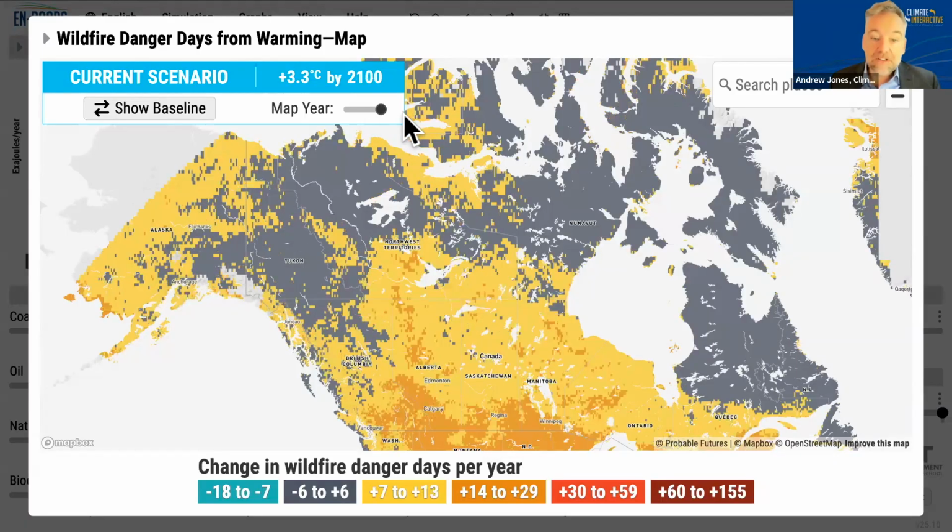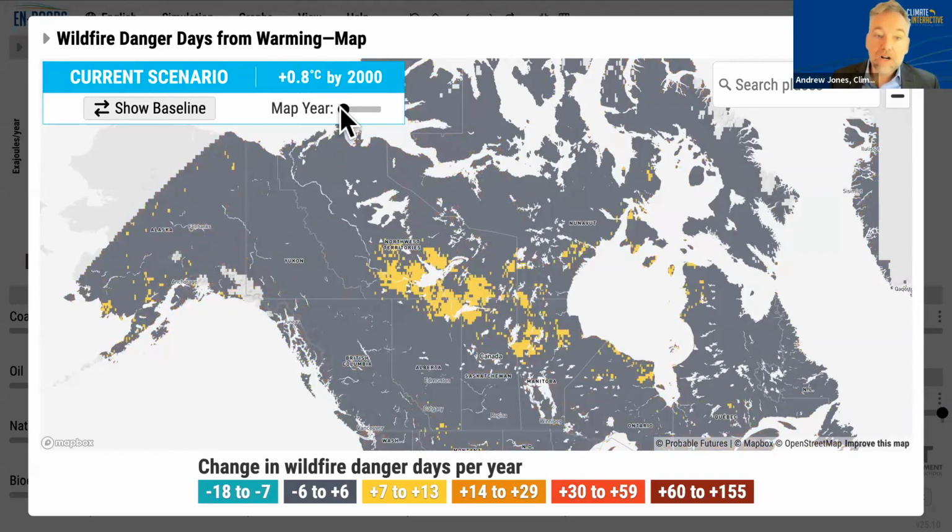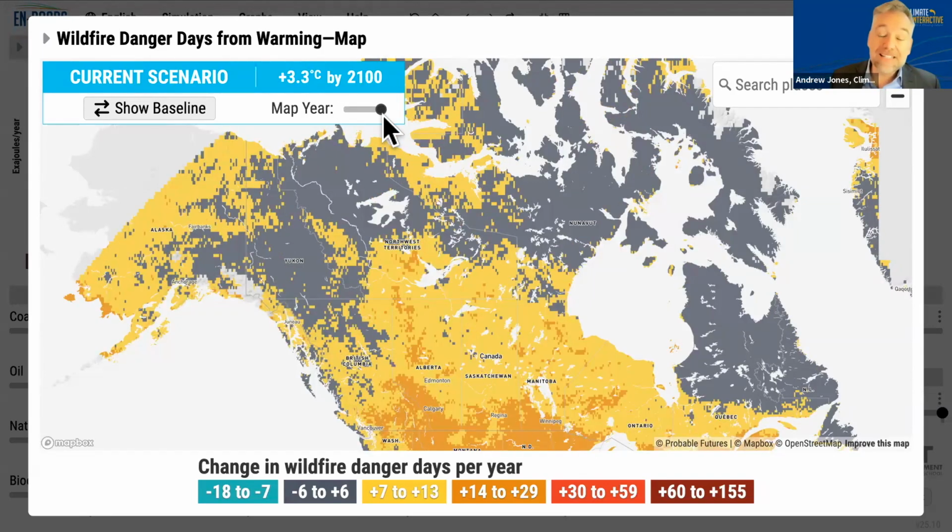And out by the end of this, 2080, 2090, what we expect to head to is many more areas of yellow and orange. So going from here to here. So this really sets the adaptation agenda of getting ready for what's coming in this relatively worst case scenario.